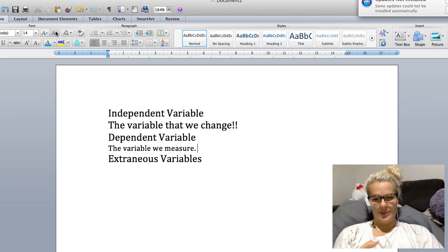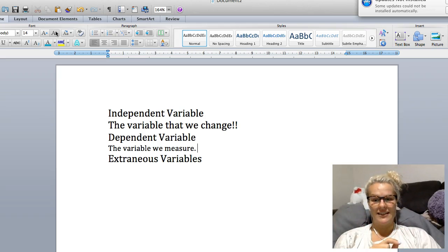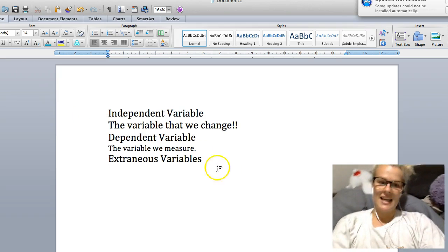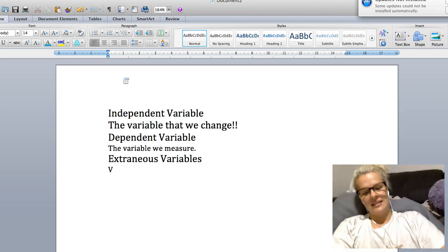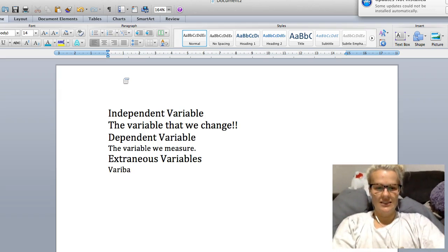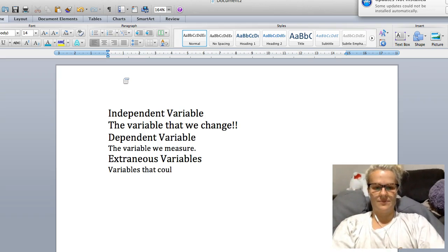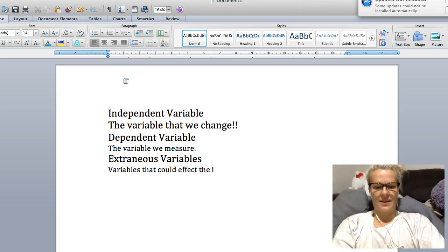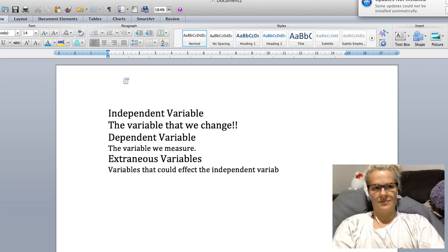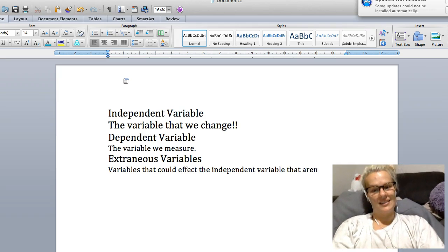Now, extraneous variables would be present throughout that entire experiment. So extraneous variables are things that could affect the independent variable that aren't the dependent variable.